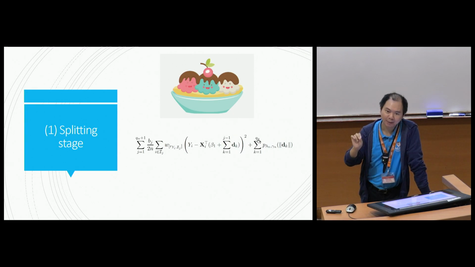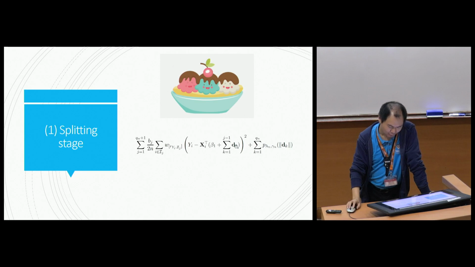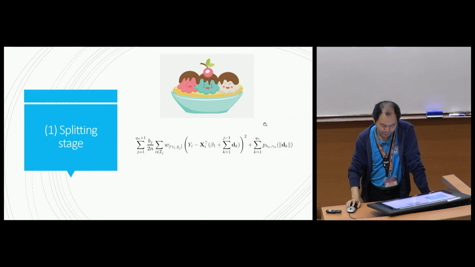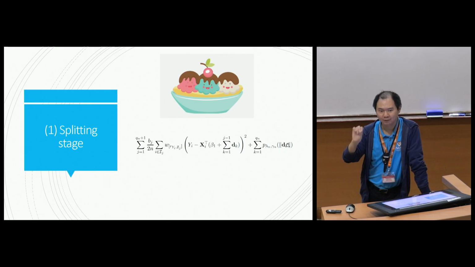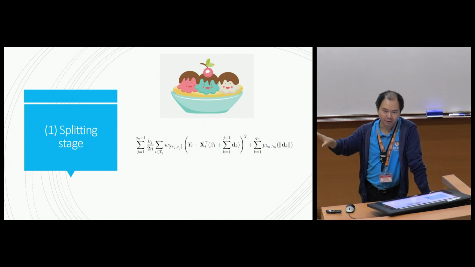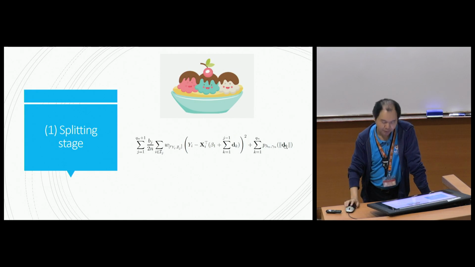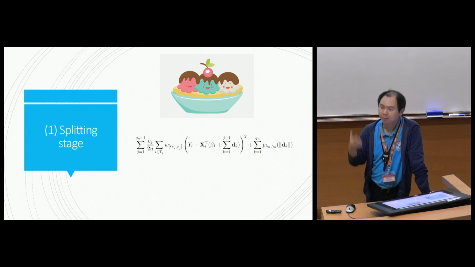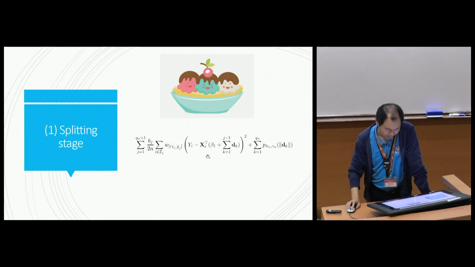For each segment, you can estimate one regression coefficient change. That change is like the jump at the change point. Okay, so we basically just penalize the jump. If the jump is penalized to be 0, then we would declare there's no change point at that point. Otherwise, if the jump is not 0, then we would identify one change point at that particular location. So we just do this penalization idea in the first stage.